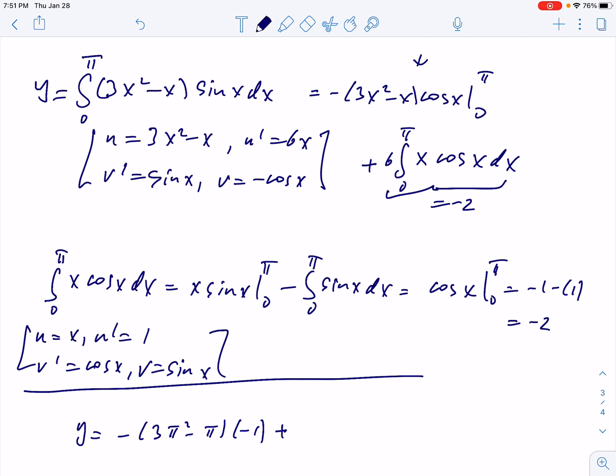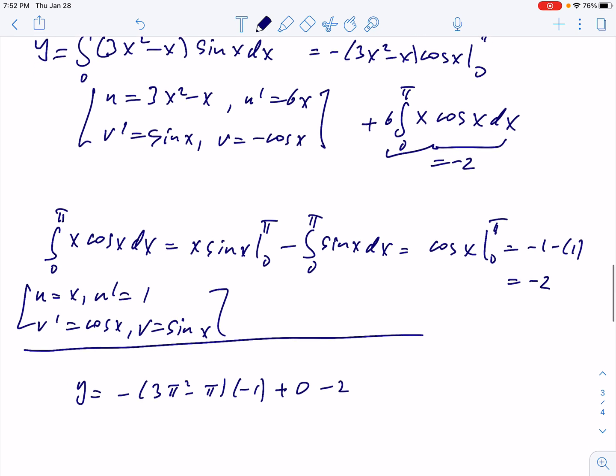When you put 0 in the place of x, you get 0 everywhere. And the other integral was negative 2, so minus 2. And we just need to simplify this. This will be 3 pi squared minus pi minus 2.